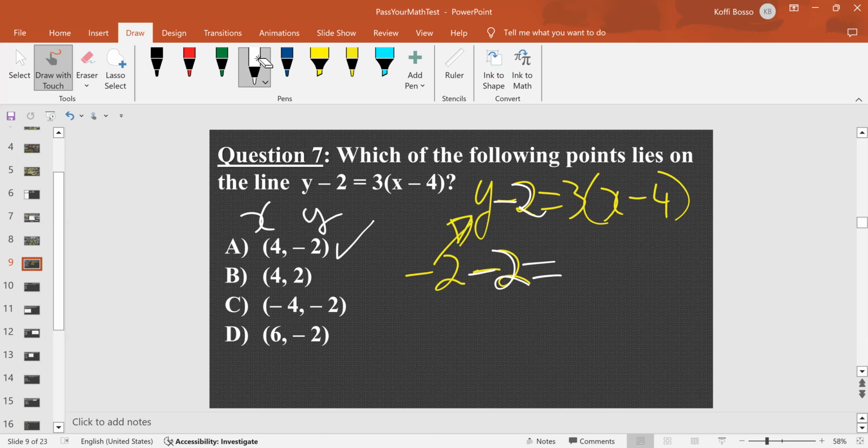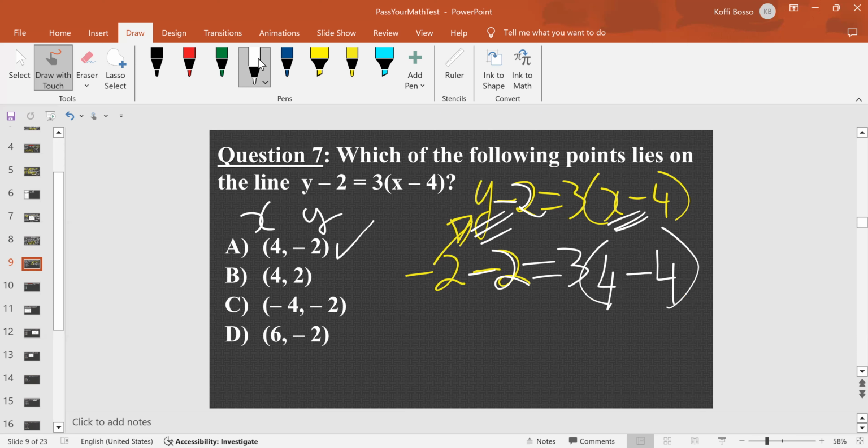We want to see if this is equal to 3 parentheses, where the x value is 4, minus 4. So I'm replacing x and y in the equation using the first point's coordinates, and we're going to work it out to see if we get the same answer from the left side and the right side.